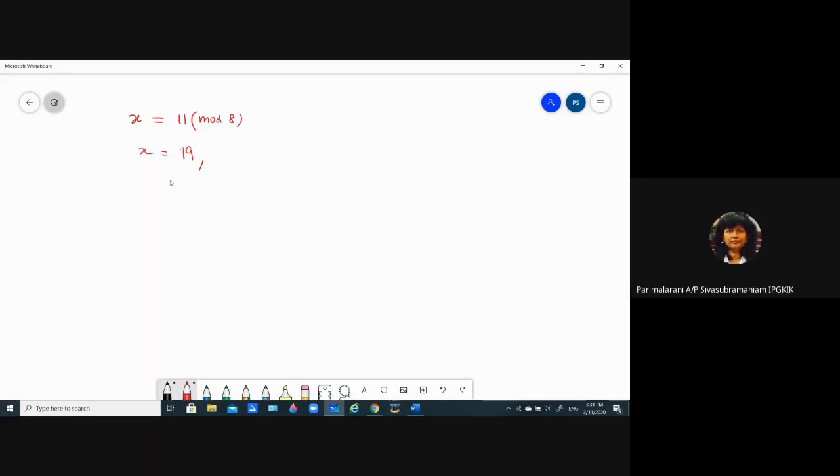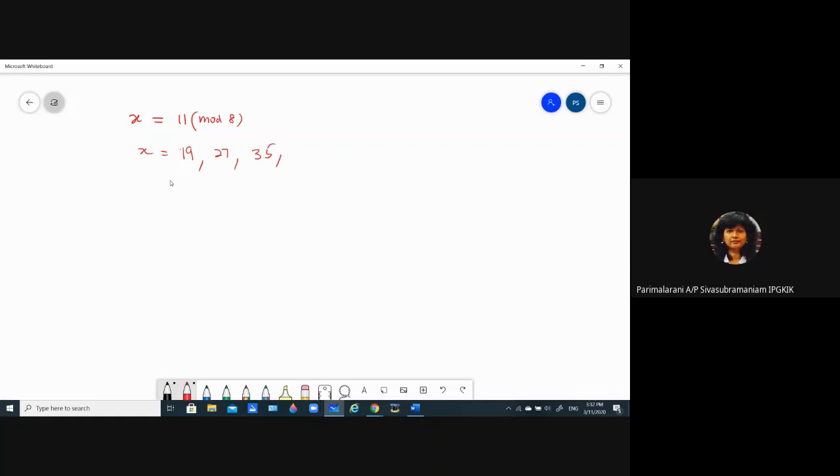So what other numbers can x possibly be? What is 8 times 3? 24. 24 plus 3 more is 27 because the remainder is 3. Can it be 27? What else can it be? 35. 35, correct.